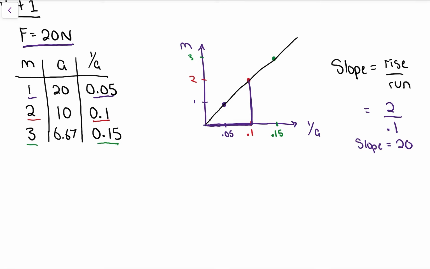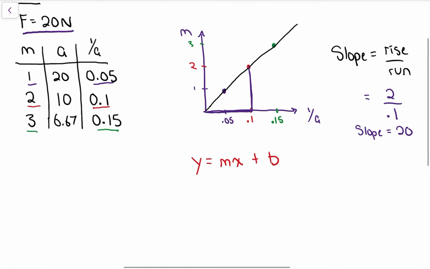Okay, the really cool step, and we'll do this over and over again in physics: get data, graph the data. When the data is linear, we can use just common grade 8, grade 9 math to figure out the equation. We know that for a straight line, the standard form is y equals mx plus b. In this case, when we graphed it, instead of y, we put the mass on the side.